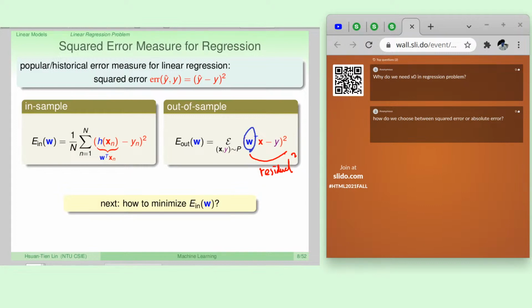We say we have two parameters, slope and intercept. x0 and the corresponding w0 would mean the intercept. If you don't have x0, that's fine, but it means you are fitting a line without an intercept, which can be useful for some applications, but in general, the intercept may help you model the problem better.